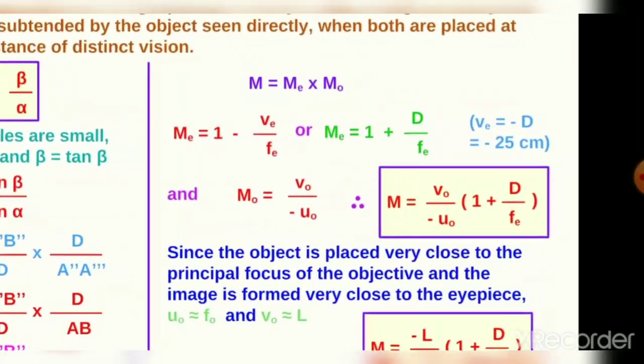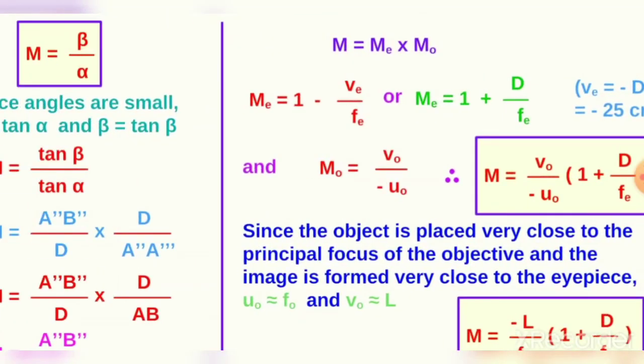For example, see on the screen, me is equal to 1 minus v upon fe, or me is equal to 1 plus D upon fe, and m0 is equal to v0 upon u0.